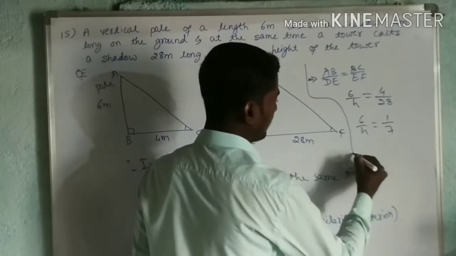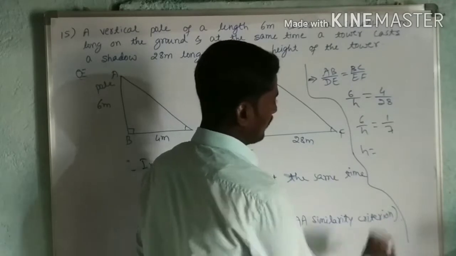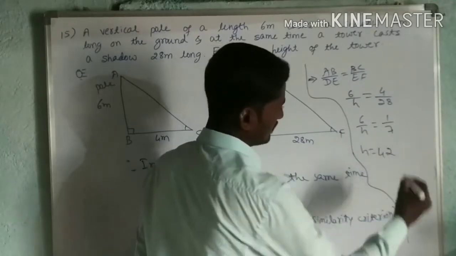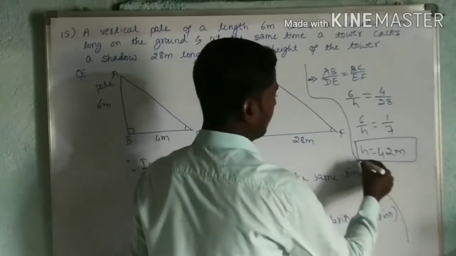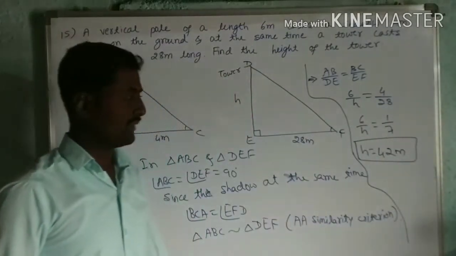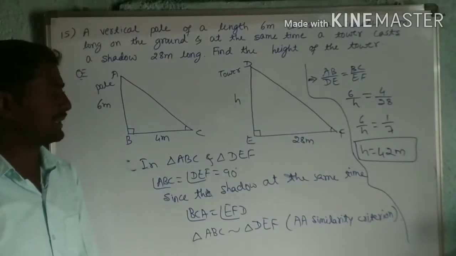Now I want to find the value of H. H is equal to 42 meters. This is the height of the tower. Hence the height of the tower is 42 meters.